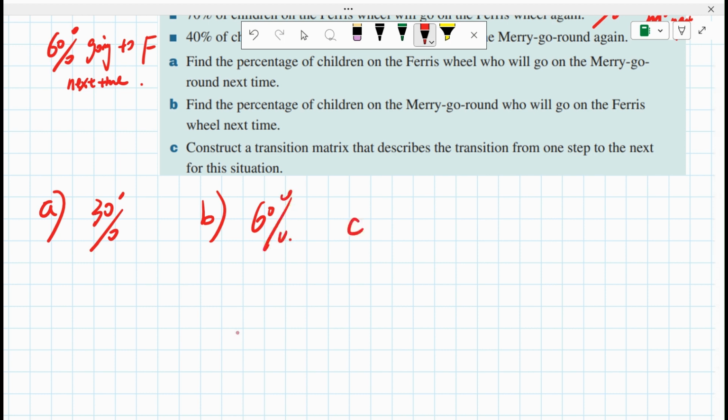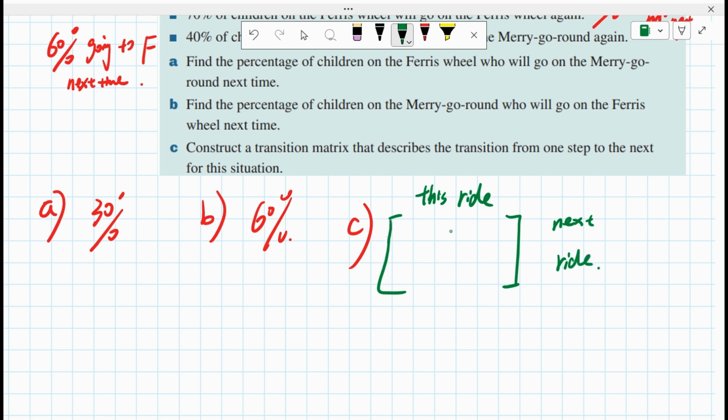And now we're going to make a matrix. So we start with F and merry-go-round, F and merry-go-round.